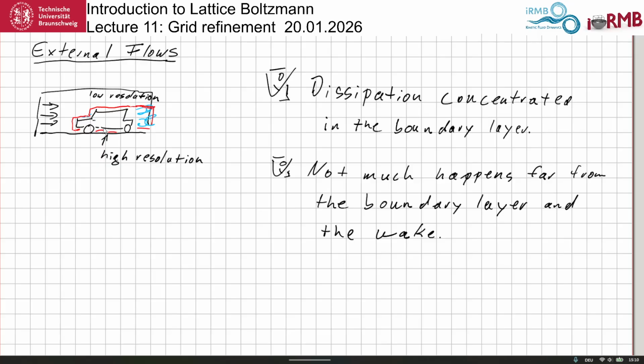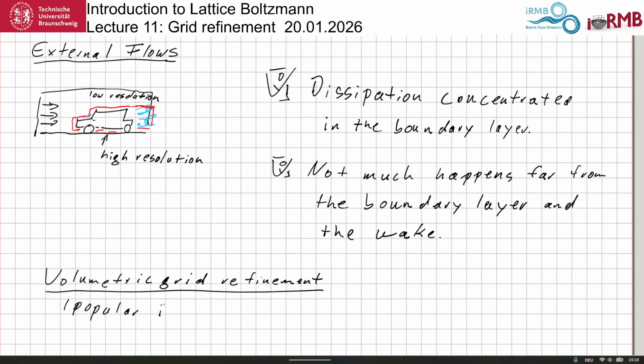And the way they did the grid refinement back then, of course, now comes a little bit of history, is volumetric grid refinement. And this was popular in the 1990s.